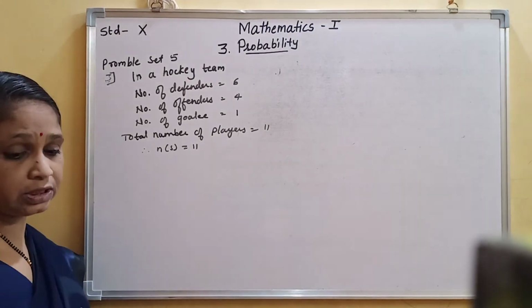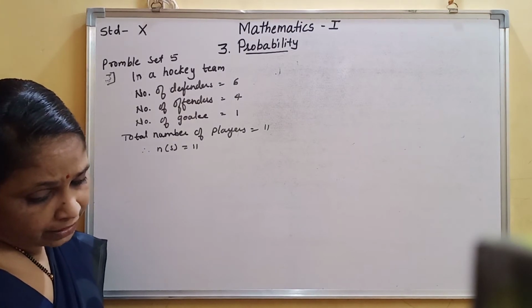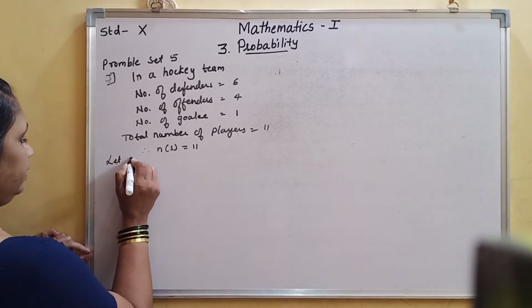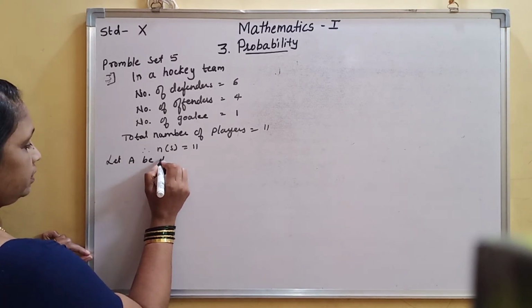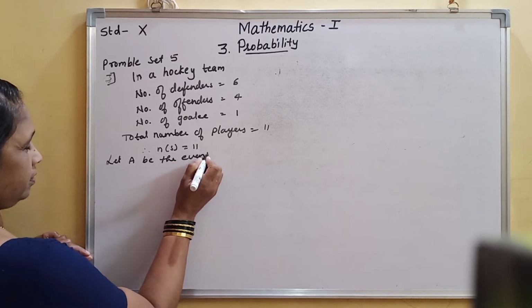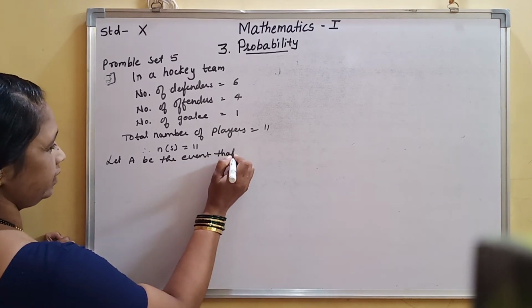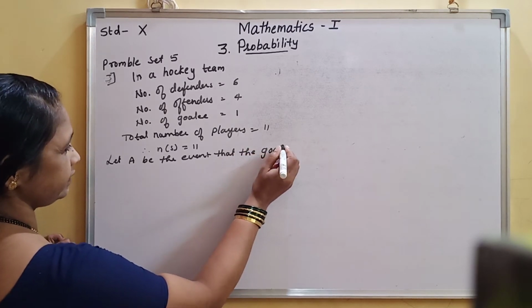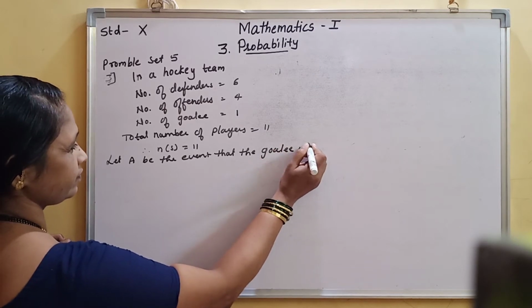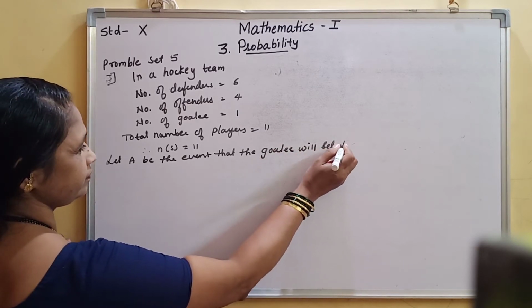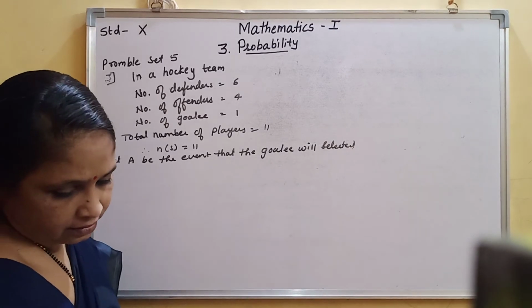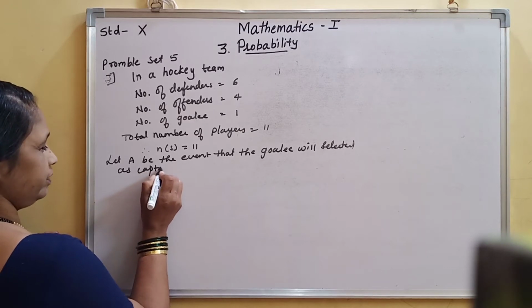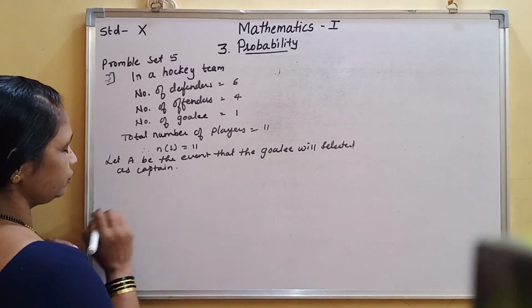Now the next part is that the goalie will be selected. So we will write: let A be the event that the goalie will get selected as captain.